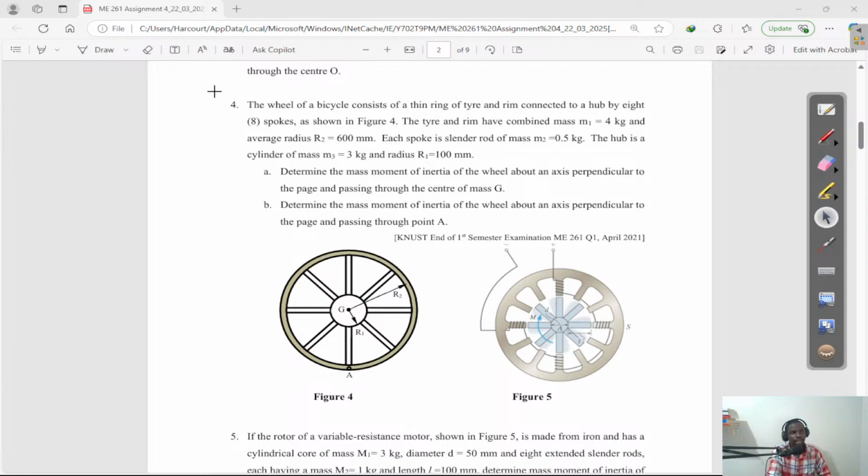Please, with this one, you will help me with the calculation, all right, so that we all get engaged.